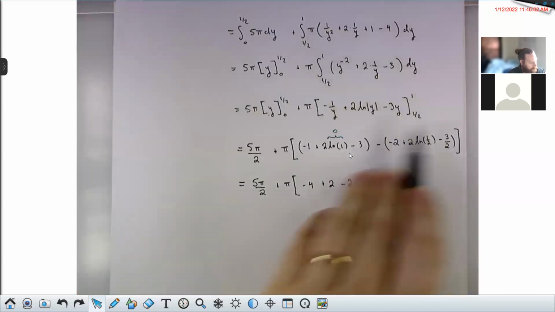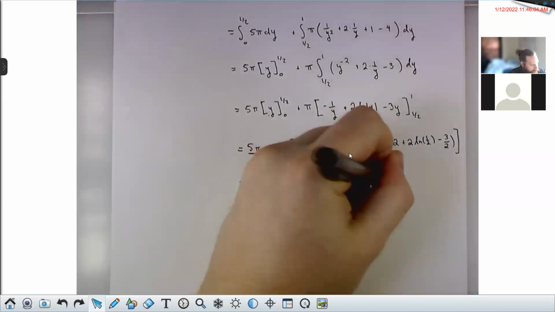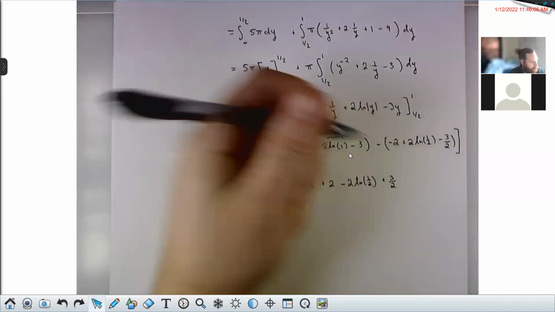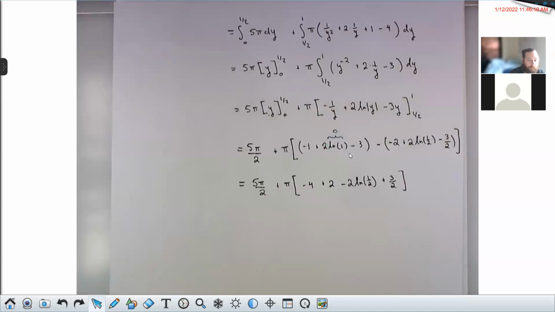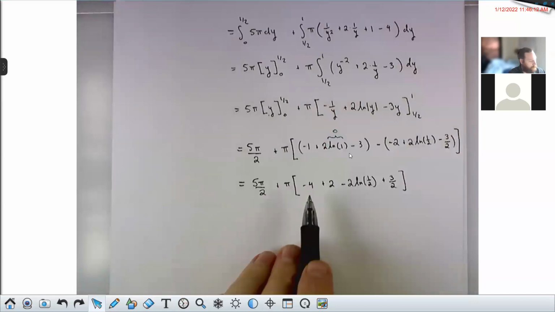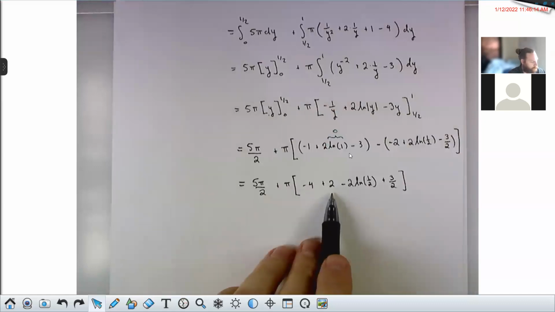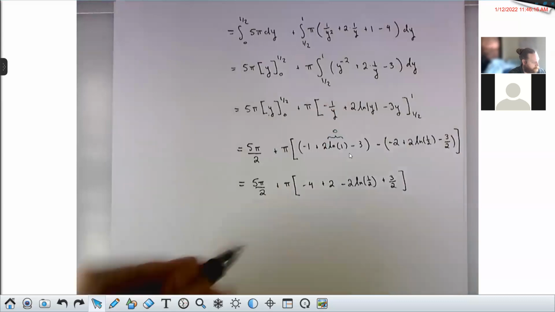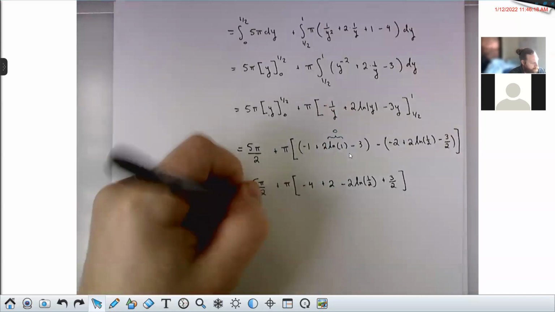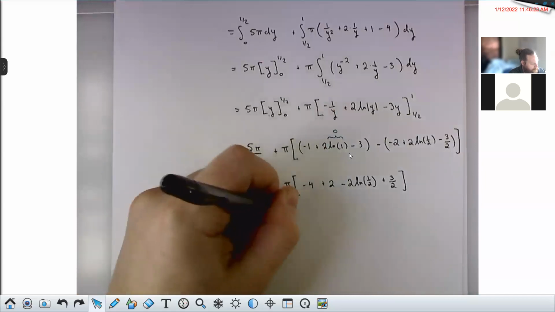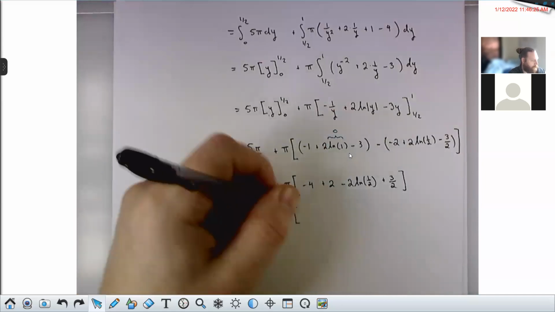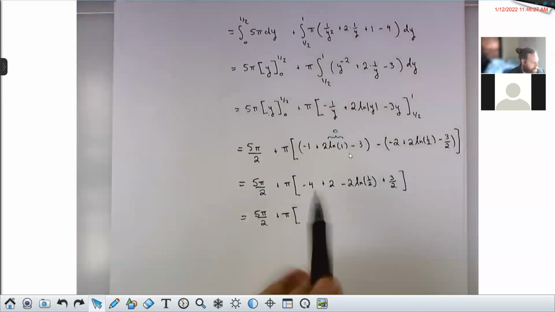And then minus negative 3/2 is plus 3/2. Negative 4 plus 2 is negative 2. So these two make negative 2.